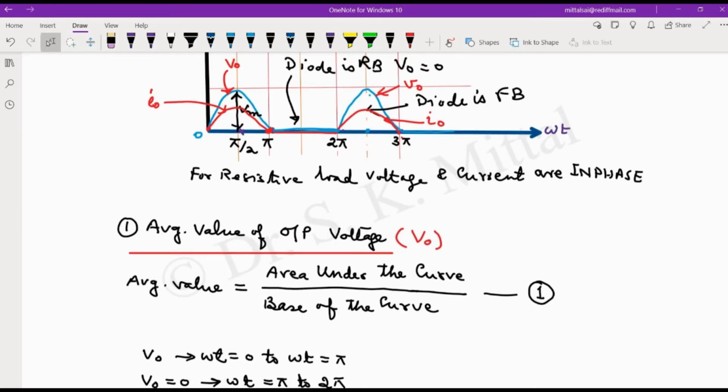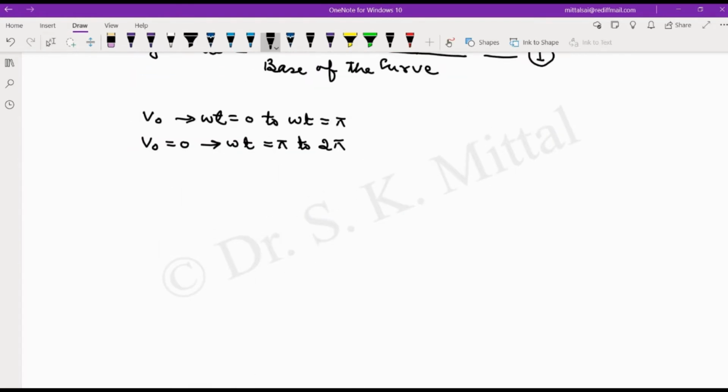And then again, positive half cycle or positive output voltage is obtained, and if we extend the waveform from 3 pi to 4 pi, output voltage will be 0. So this is the first set of output.